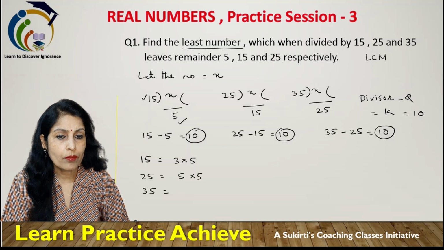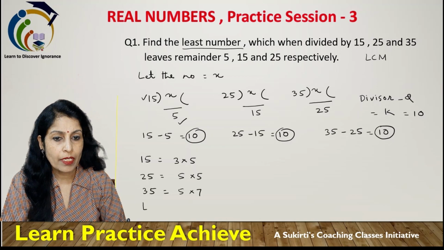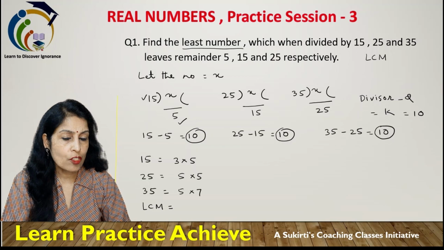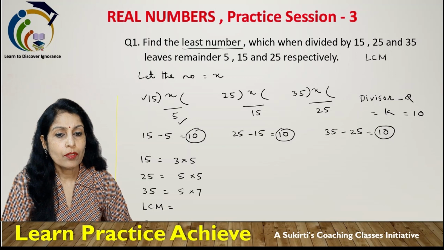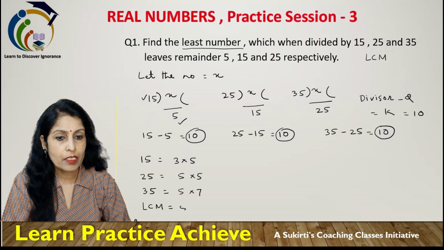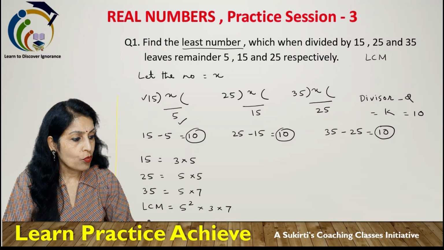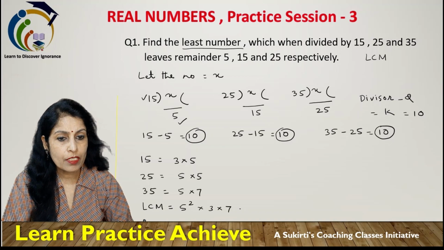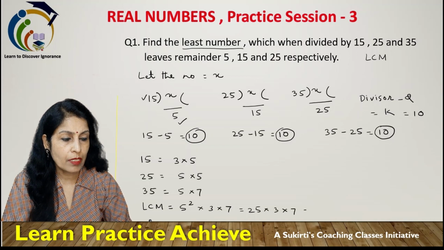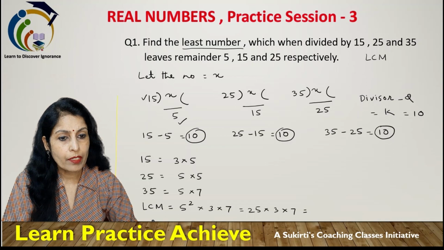And for 35 we can write 5 into 7. So LCM is equal to the highest power of each prime number: 5 to the power 2, then 3, then 7. When we multiply all this, 25 multiply 3 multiply 7, we get 525.